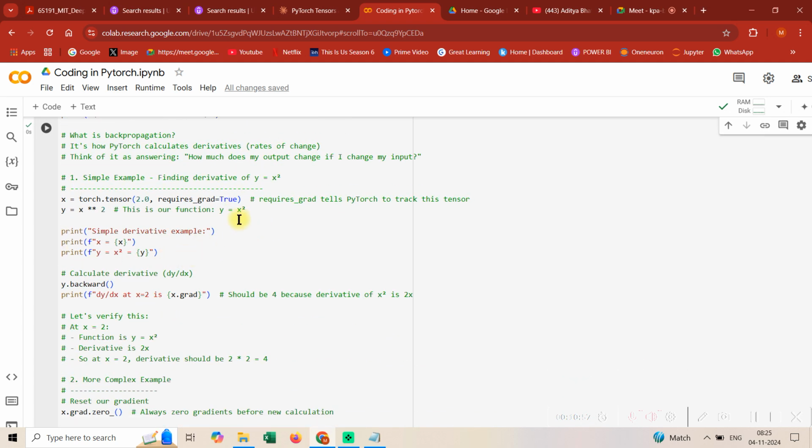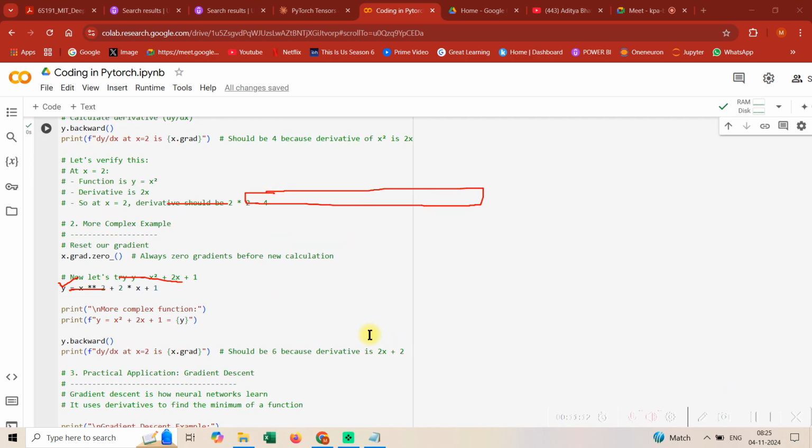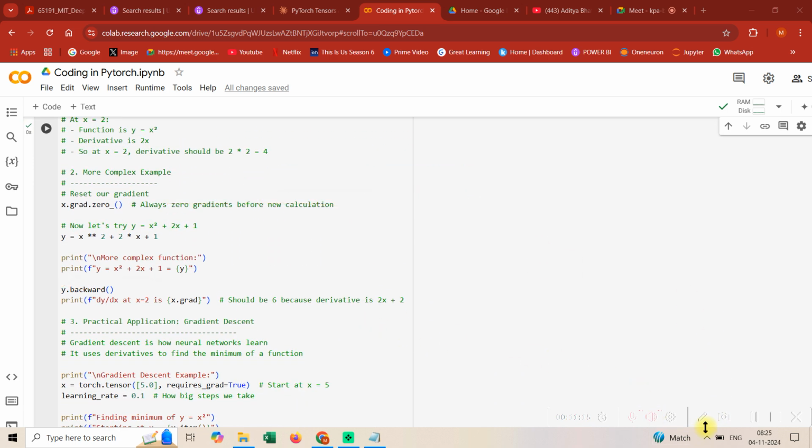Then, when it comes to understanding gradients, you need to understand y dot backward. This is going to help you compute the derivative. requires_grad equal to True is important, because it tells PyTorch to track the tensor. And then x dot grad is going to give you that particular value. I hope you're able to understand this, guys.